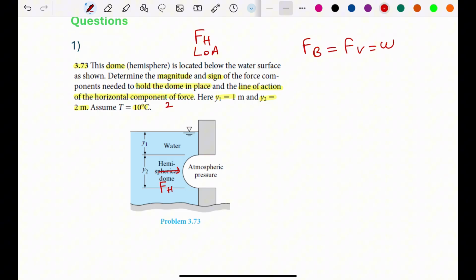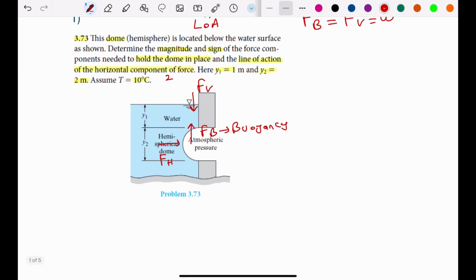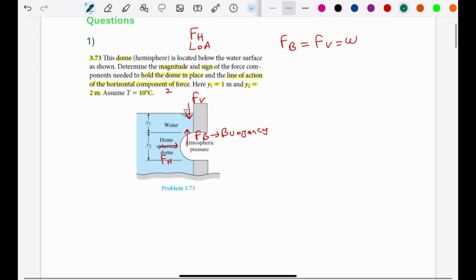So here we can say that we have FB, which is buoyancy, and to keep it fixed at this level, we will have F vertical. So let's first find FH, which is horizontal force.